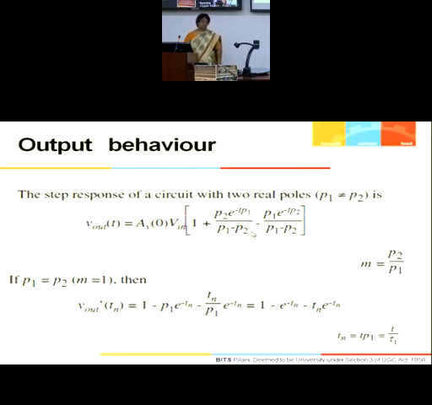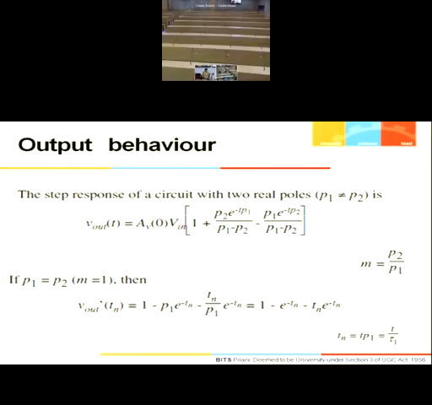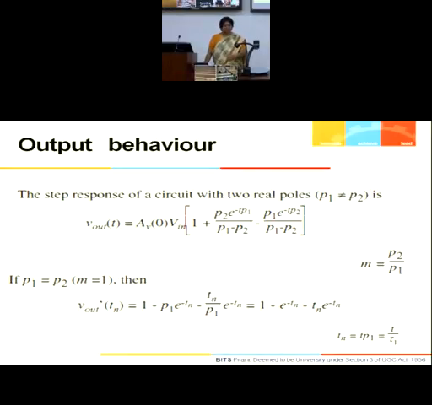There are two poles coming up, so I will get a transfer function in terms of omega P1 and omega P2. I can change from the frequency domain to the time domain very easily, and then I can get the function VO of t.